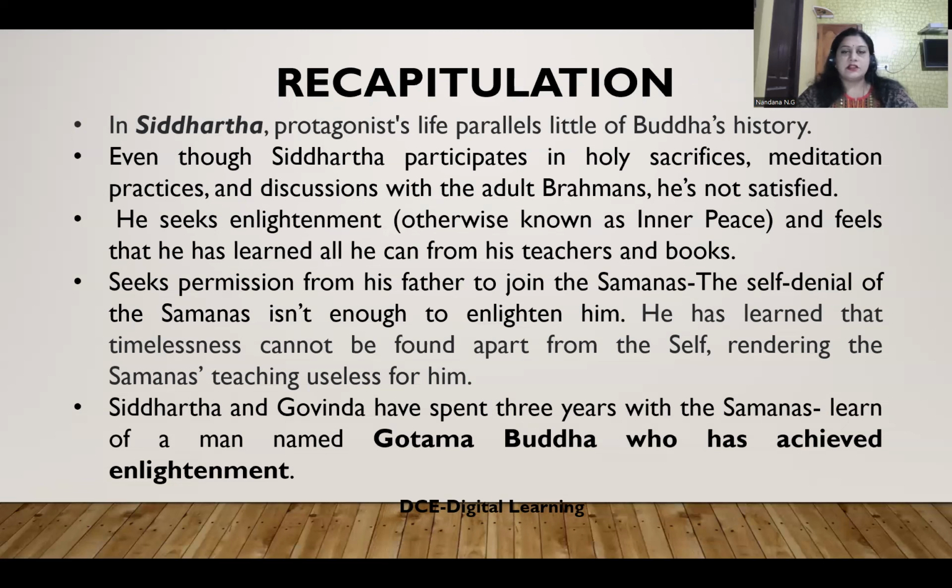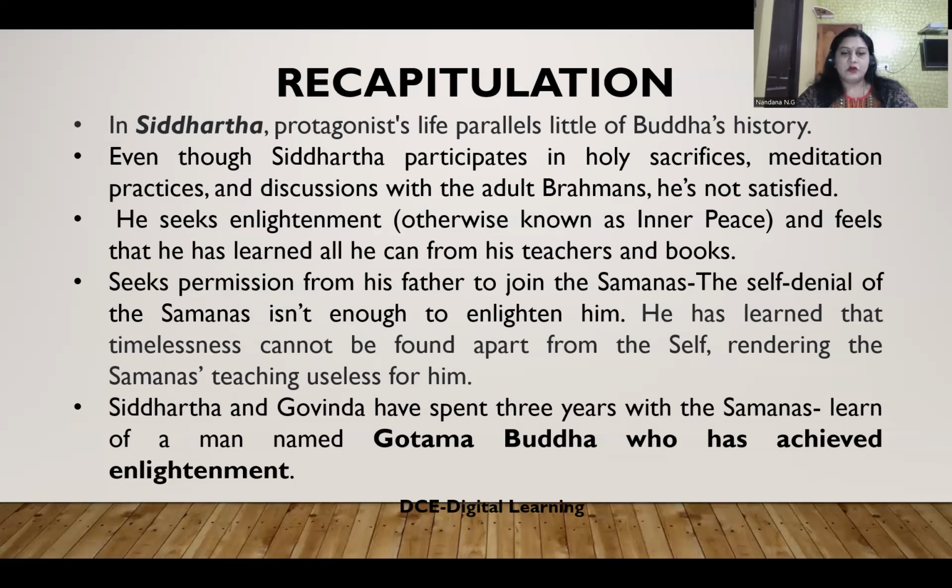He seeks enlightenment, otherwise also known as inner peace, and he feels that he has learned all that he can from his teachers and books. No wonder he was feeling so restless. So he seeks permission from his father to join the Samanas, the wandering ascetics. The self-denial of the Samanas isn't enough to enlighten him. He has learned that timelessness cannot be found apart from the self, rendering the Samanas' teaching useless for him.